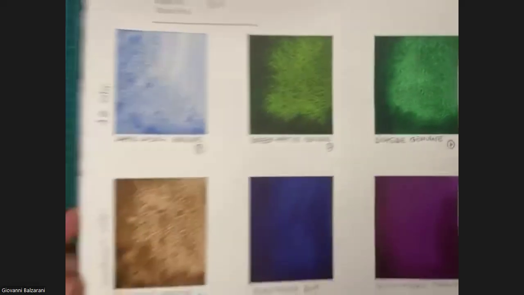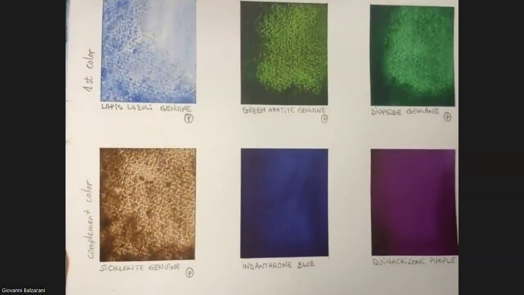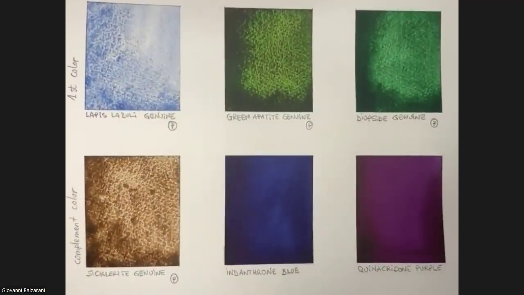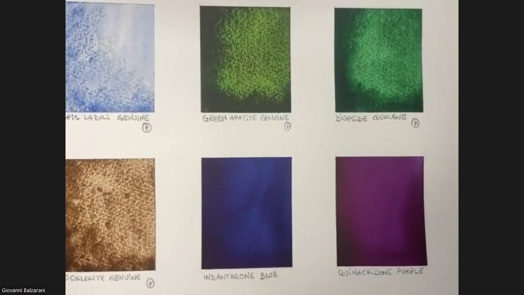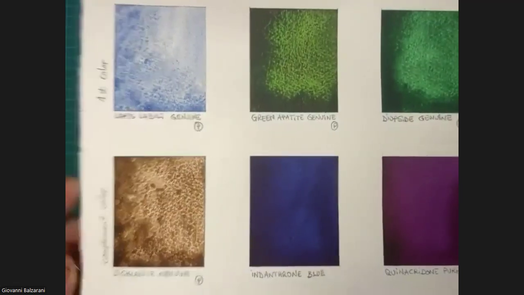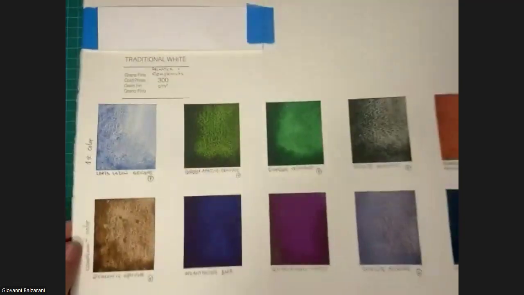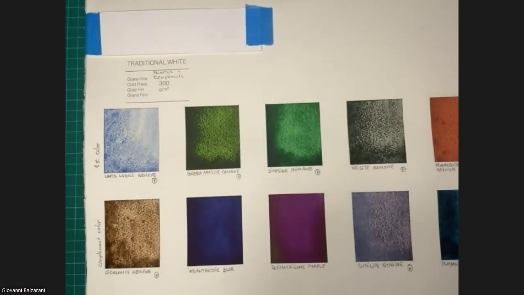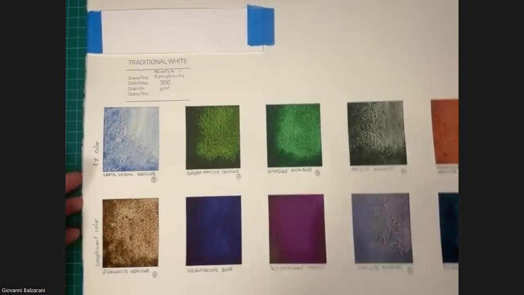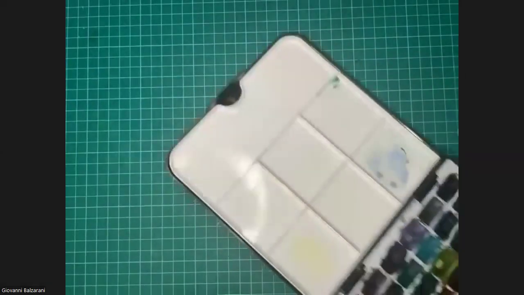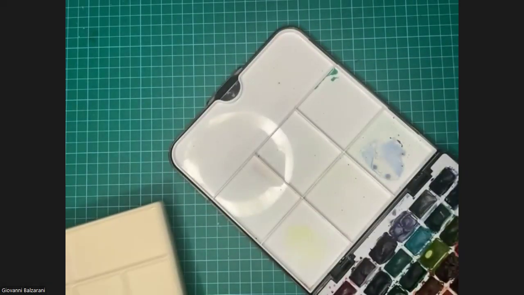Letizia, if you have a moment, could you mix a little bit of the lapis with a little bit of the cyclorite? Can you mix some green apatite with some indanthrone? I can try. I have a special palette here of my own Primatex. So I can try again.